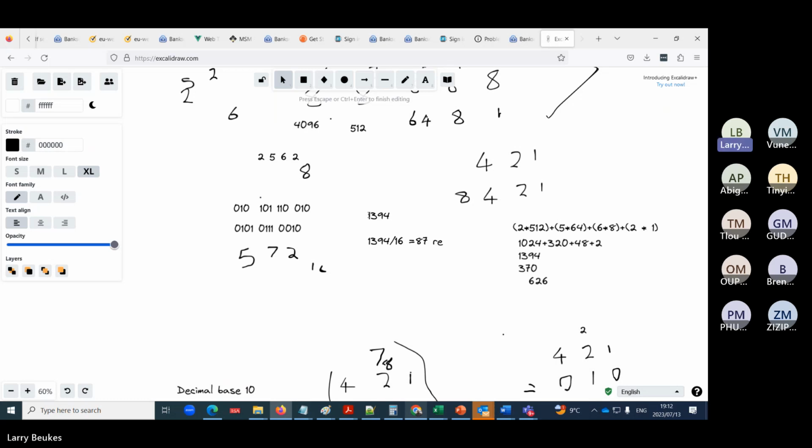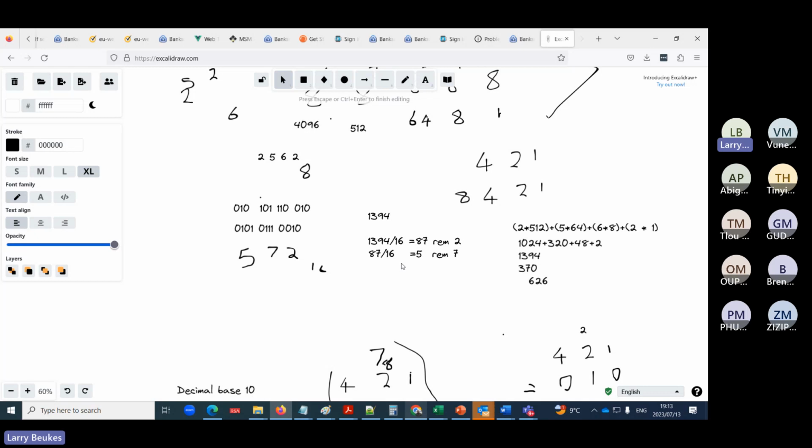87. Our remainder. So now how do we know our remainder? We can just say 87 multiplied by 16. Then we can see that our remainder is 2, right? Then we take this 87, we're going to say 87 divided by 16. It's 5. Our remainder is definitely 7. 5 multiplied by 16 is 80, yeah.